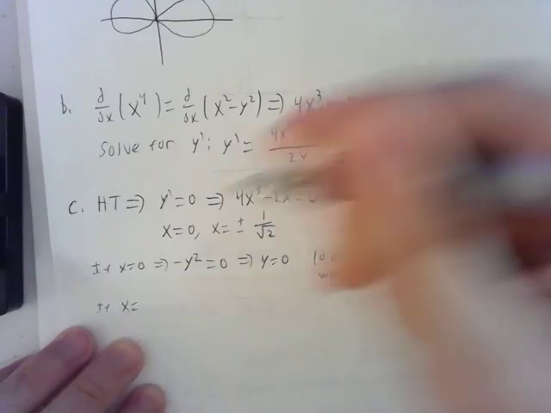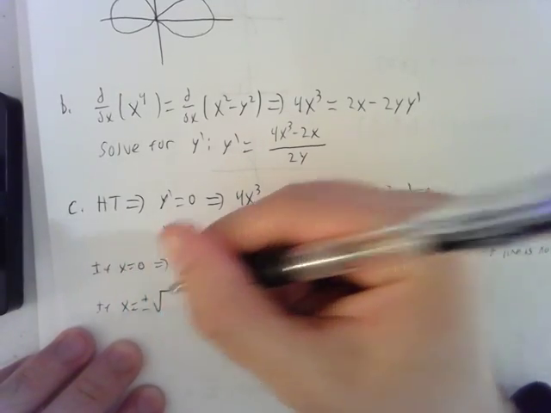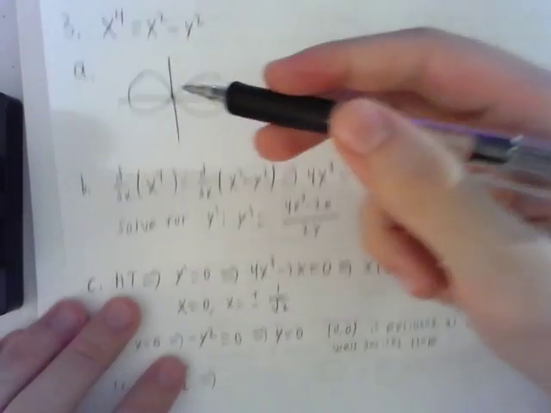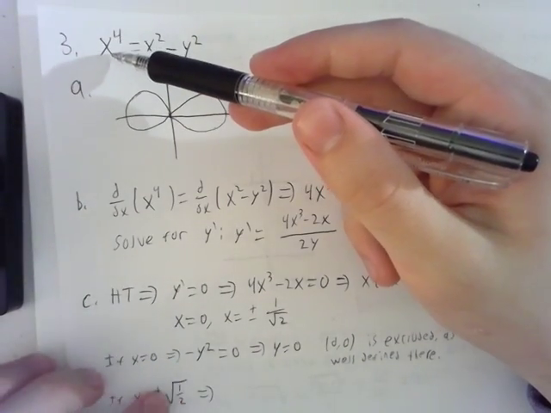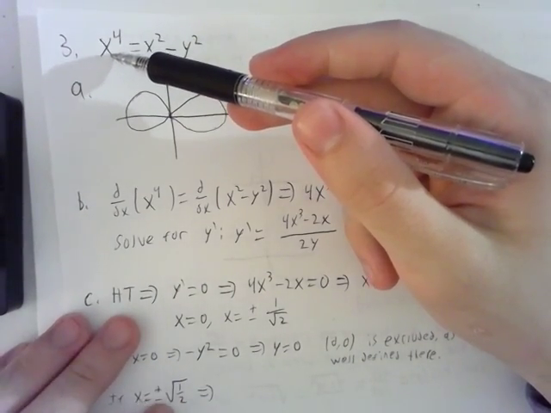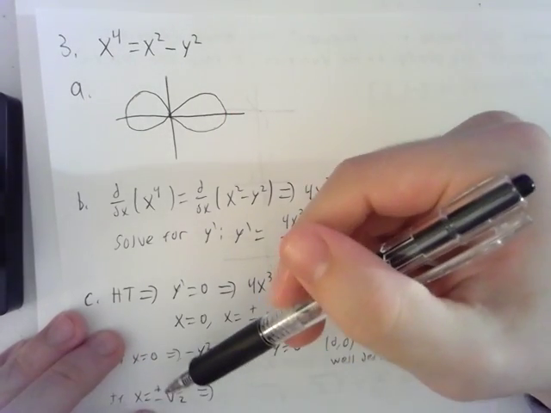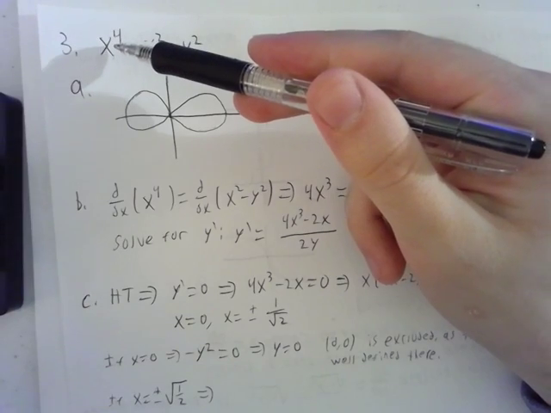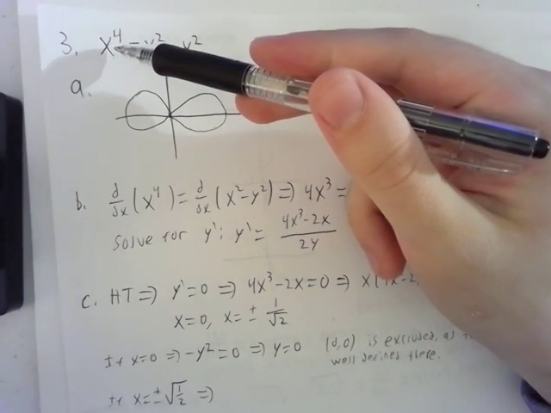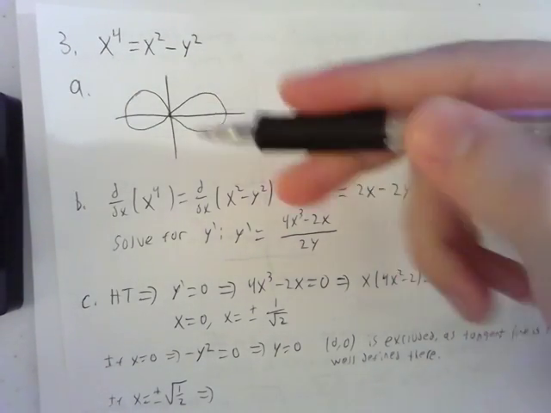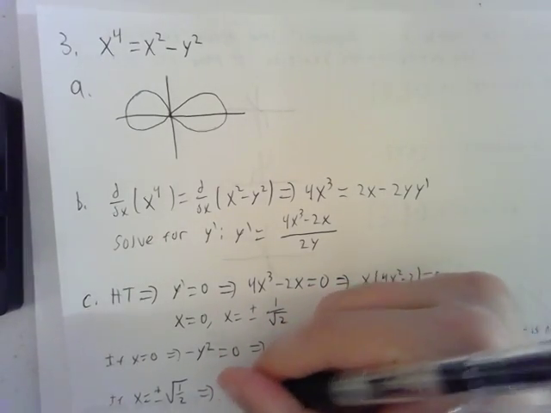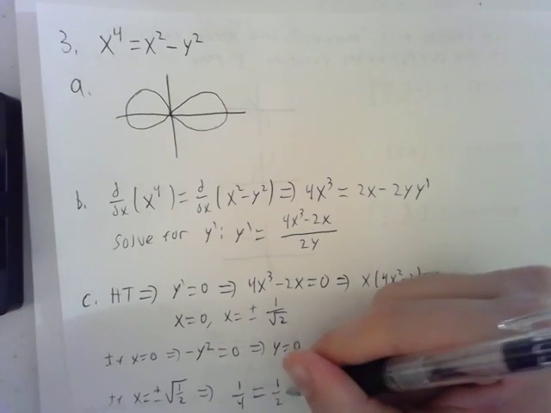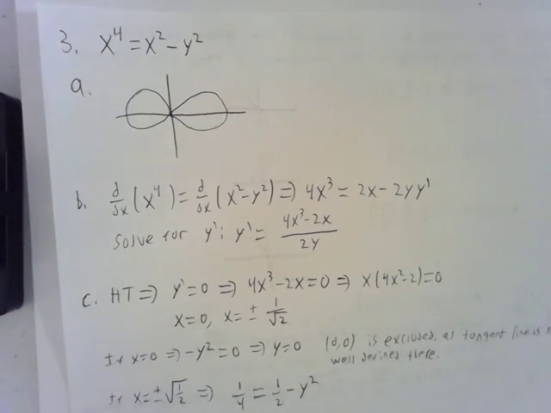If x is one of these two, well, let's plug that into our equation up here. 1/2 to the 4th power, doesn't matter whether we have a plus or minus sign, we square it, we get 1/2, we square it again, we get 1/4. Then that should be equal to x squared, which is 1/2 minus y squared.